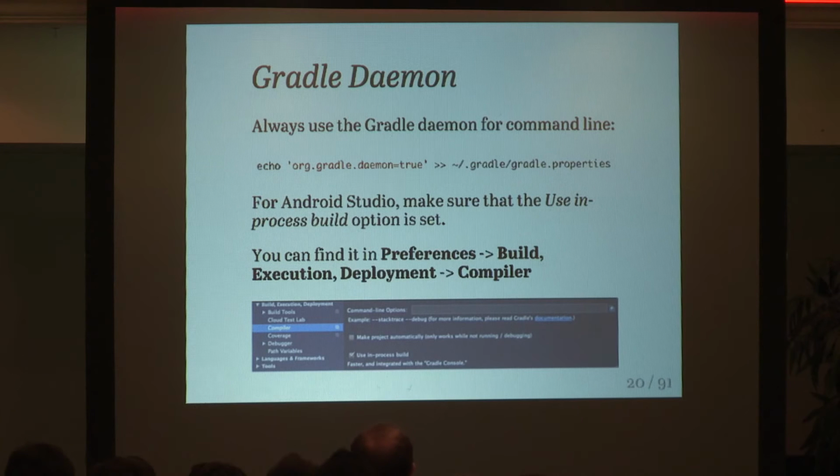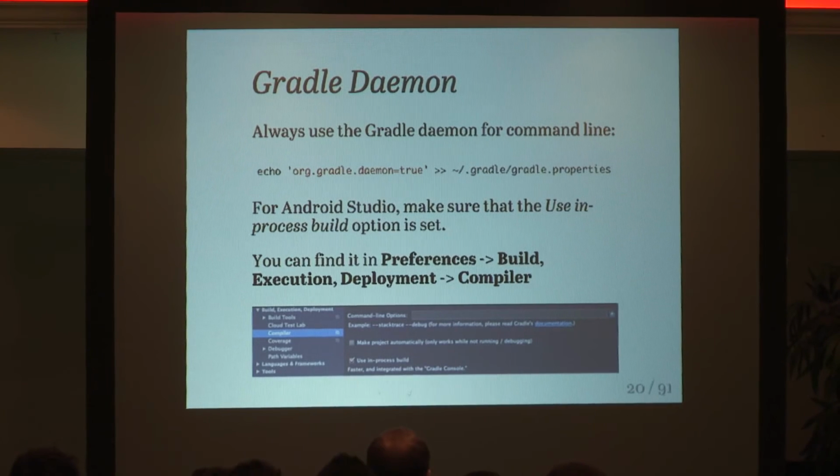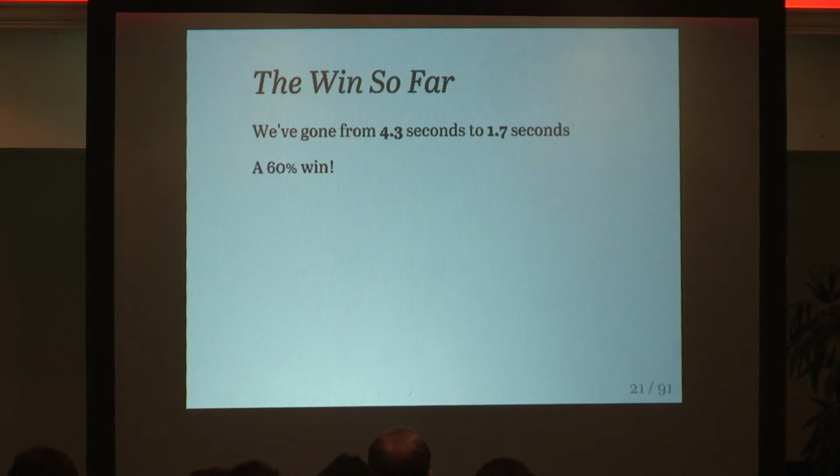It's on the same screen, Preferences, Build Execution Deployment, Compiler. So make sure that one is set. It was actually enabled by default in 1.3, I guess, where it was hidden, and then they added it back in 1.4, where you can select or deselect it. Cool. So now we're down from 4.3 seconds to 1.7 seconds, and that's a 60% win already.